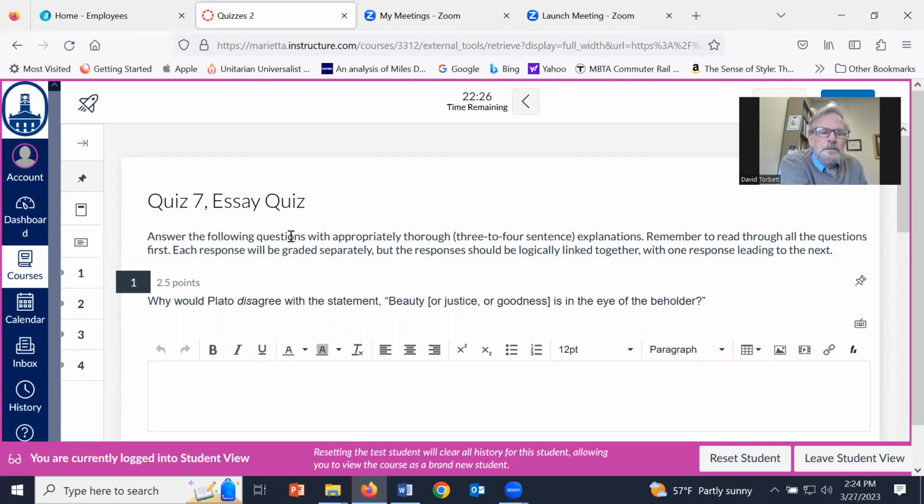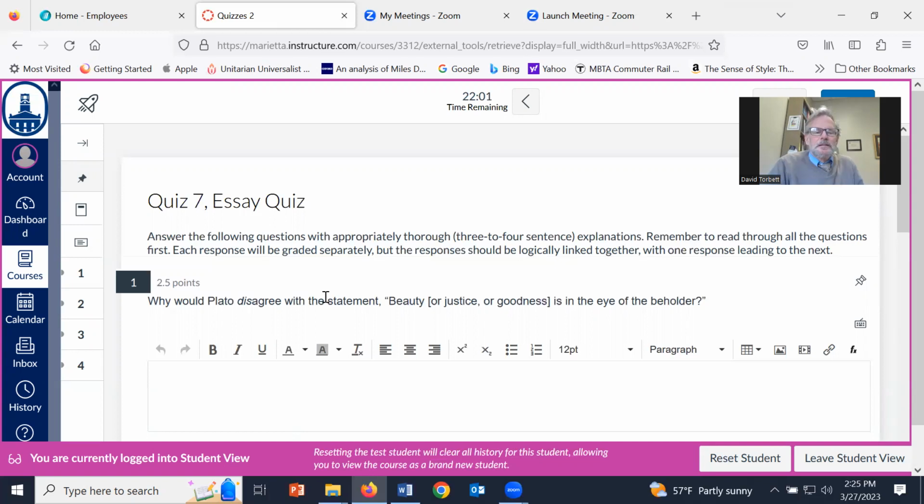So here are the directions. Answer the following questions with appropriately thorough 3 to 4 sentence explanations. Remember to read through all the questions first. Each response will be graded separately, but the responses should be logically linked together with one response leading to the next.